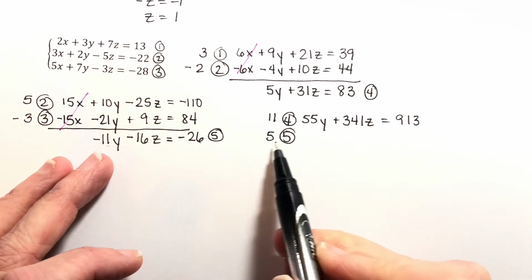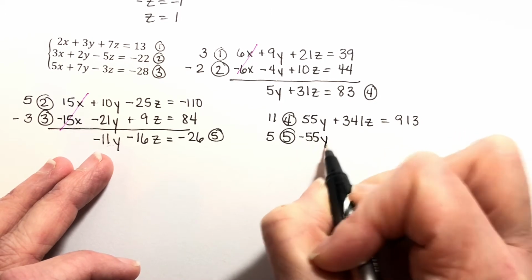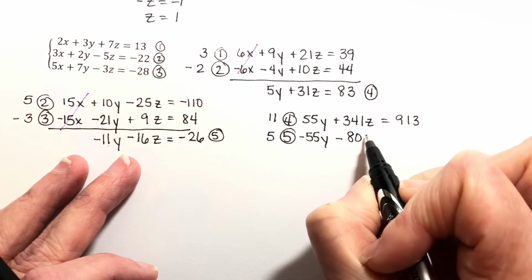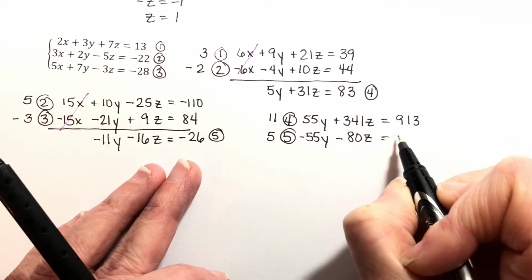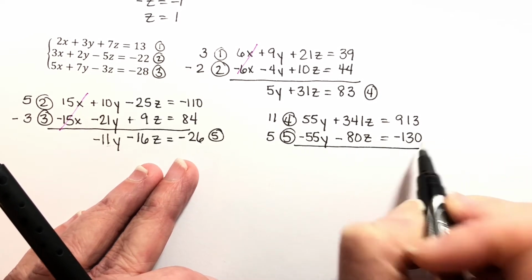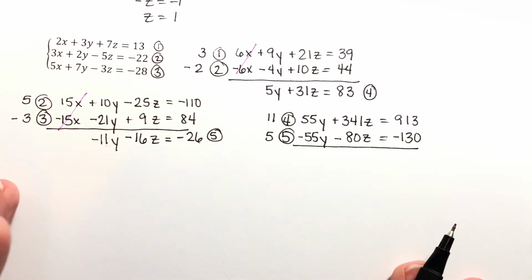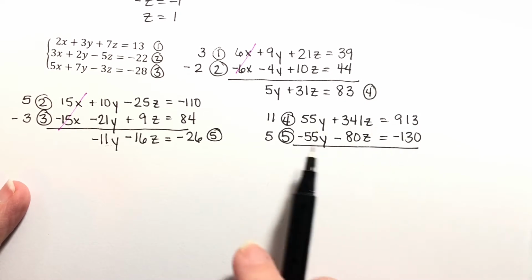Multiply all of this by 5, and you get negative 55y minus 80z is equal to negative 130. I'm working an ugly one here so that you can understand that you should not panic just because you get some ugly numbers.